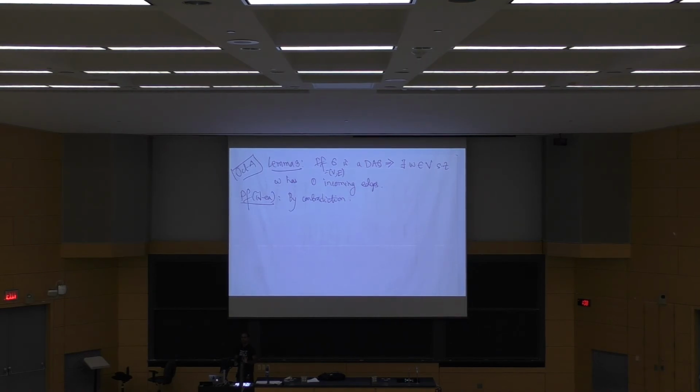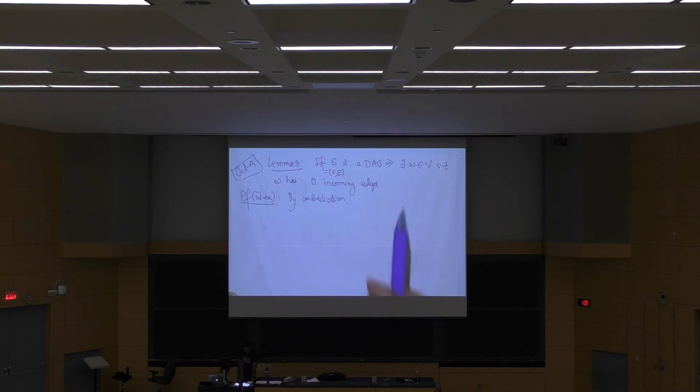Okay, if so, then what should we assume for the sake of contradiction if we want to prove lemma 3 by contradiction? Alex? There does not exist a vertex with no incoming edges in the DAG. Right.